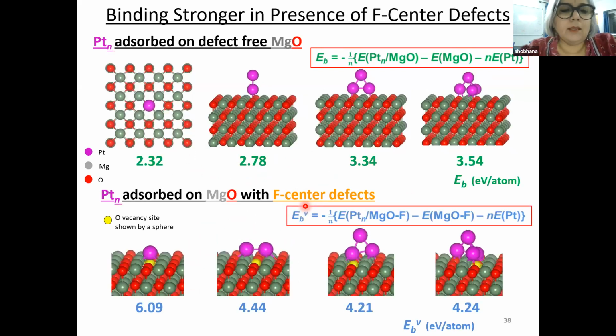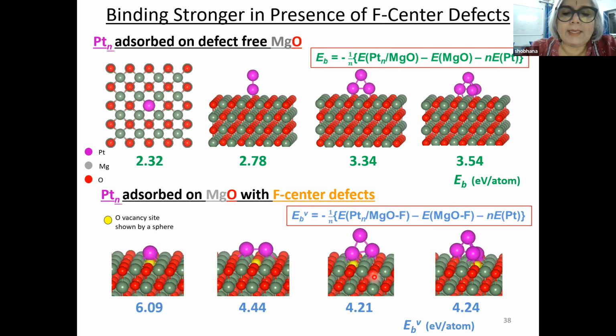And if we compute similar results for platinum on MgO, but with the cluster now bound at a site with an F center, so there's a missing oxygen atom, the site of this missing oxygen atom is indicated by this yellow sphere.